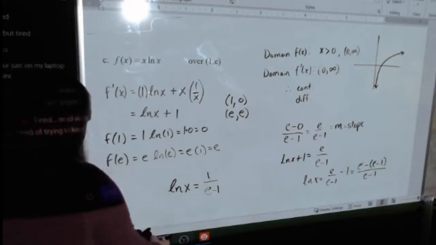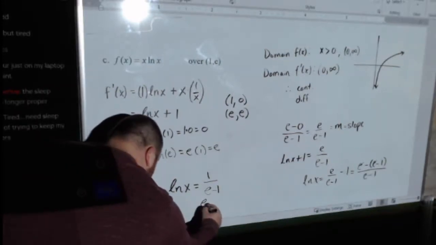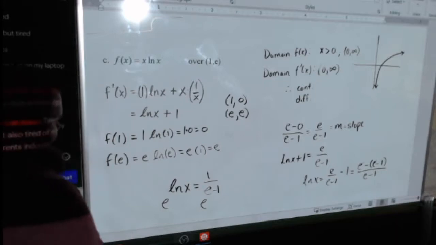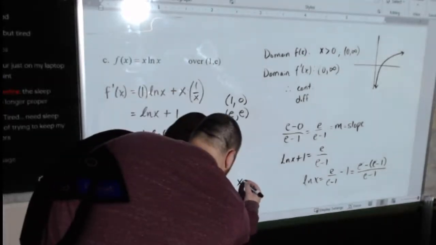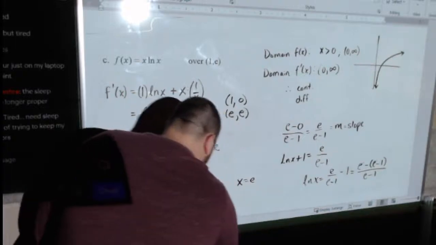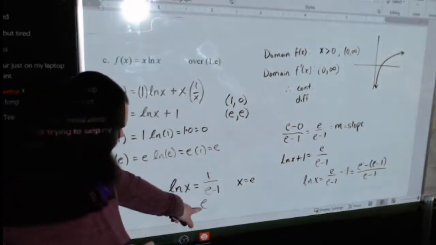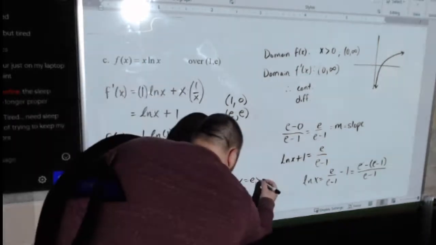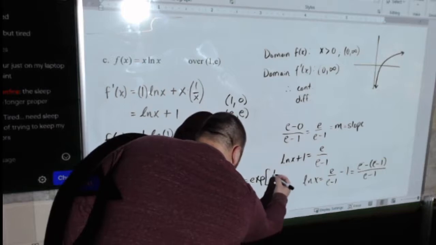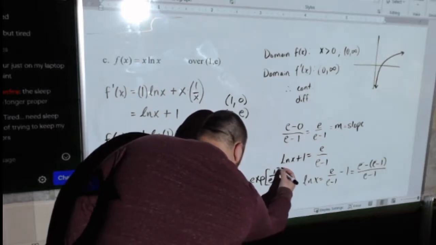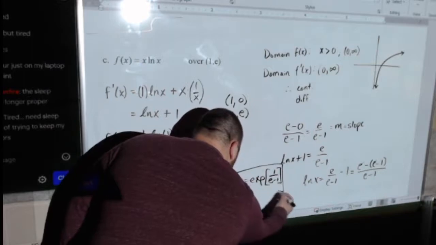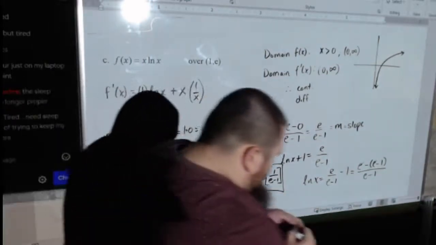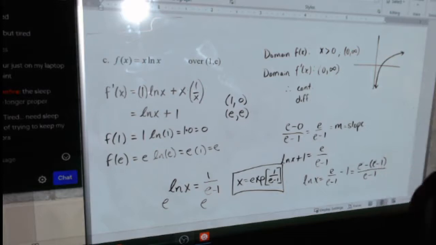And I want x, so I've got to take e of both sides. So I get x equals e, which you can commonly write as exp, of 1 over e minus 1. So that just means when you plug it in the calculator, you would type e to the power 1 over e minus 1. So I'm going to go ahead and do that just so we have an idea of what that number looks like.